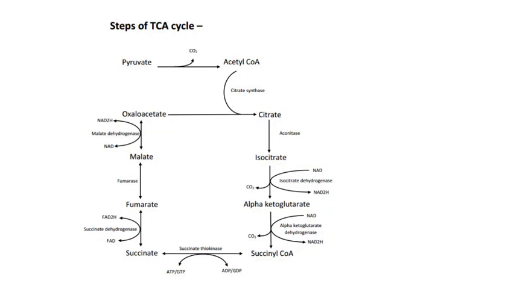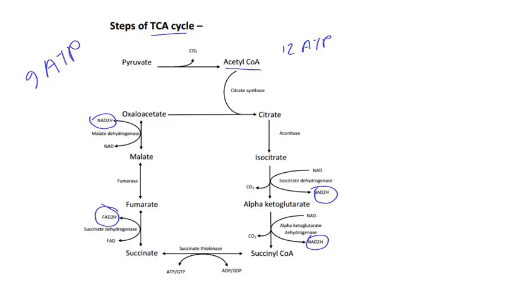Now we will count the ATP produced in this TCA cycle. Previously in our discussion, we told that 12 ATP is produced for one molecule of acetyl-CoA. Here we can see the production of 3 reduced NAD. These 3 NAD in the electron transport system can produce 9 ATP. On the other hand, we can see one molecule of reduced FAD is produced.